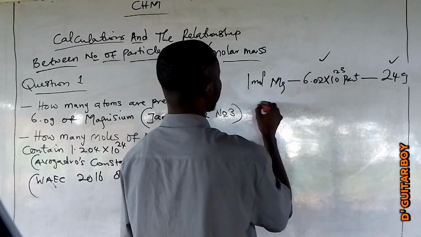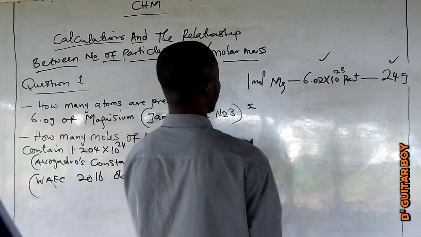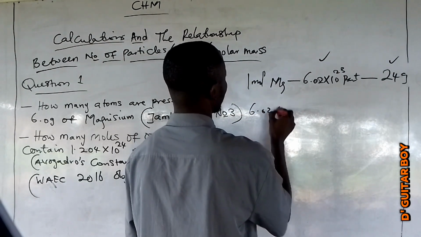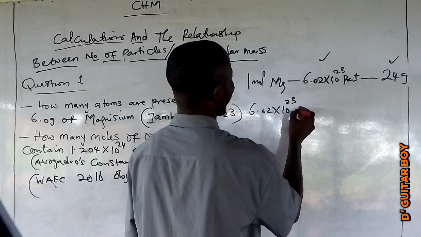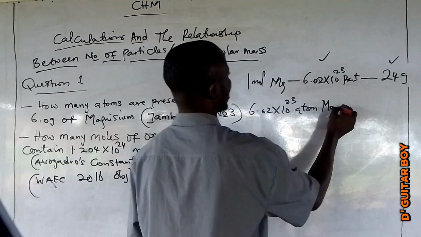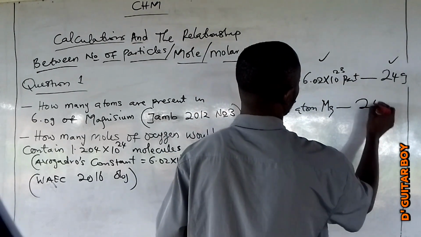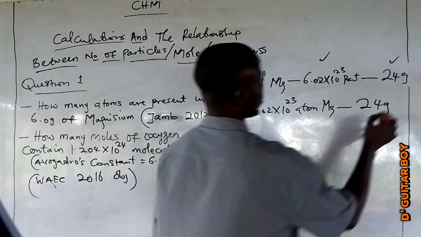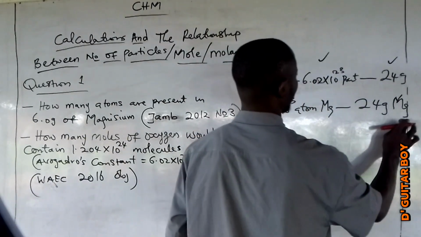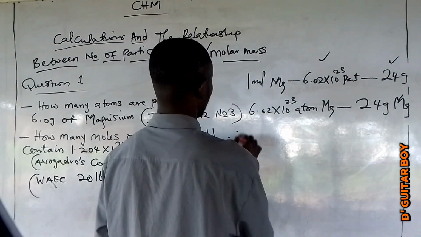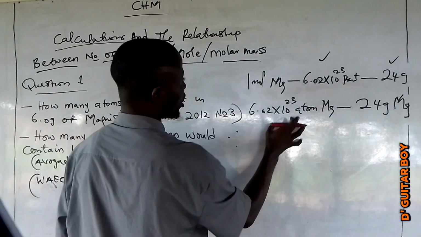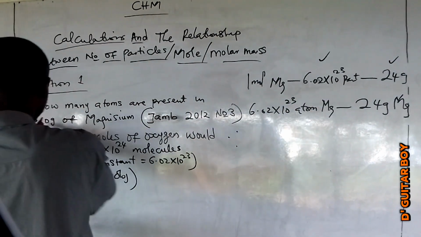You now say, since 6.02 times 10 raised to power 23 atoms of magnesium give us 24 grams of magnesium, therefore, because we want to calculate the number of particles, how many will give us this gram?